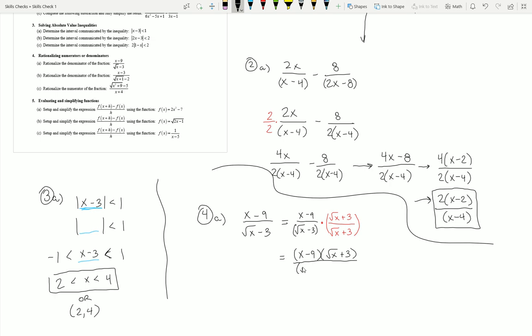Now, if I simply set that up and get ready to do some distributing, I might notice that what I'm going to be left with here is a difference of squares. Remember when we had expressions in the past, like x squared minus 4, we knew that we could factor something like this into x minus 2, x plus 2. Well, we have the same shape here, right? We have something minus something and something plus something.